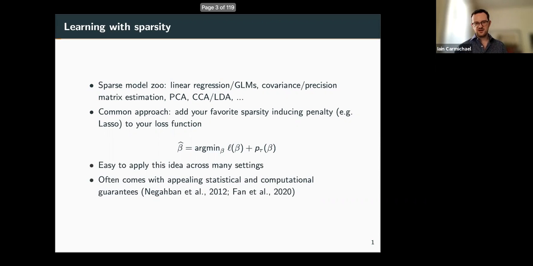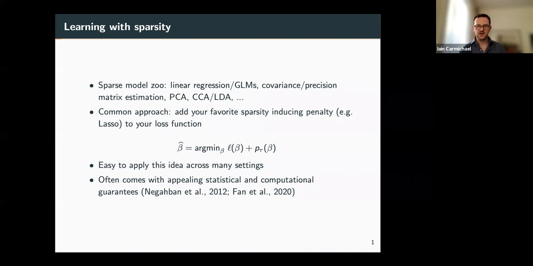A large body of work has established that this basic formula comes with very nice statistical guarantees. We can recover favorable estimation properties even in high dimensions.